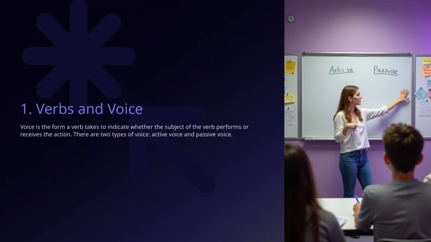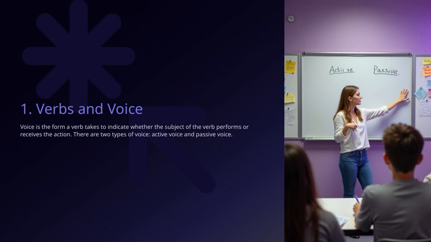Now, let's talk about verbs and voice. Voice is essentially the form a verb takes to show us whether the subject of the sentence is doing something or receiving something. It's a key part of understanding how sentences are constructed. There are two main types of voice: active voice and passive voice. In active voice, the subject performs the action, making sentences more direct and lively.